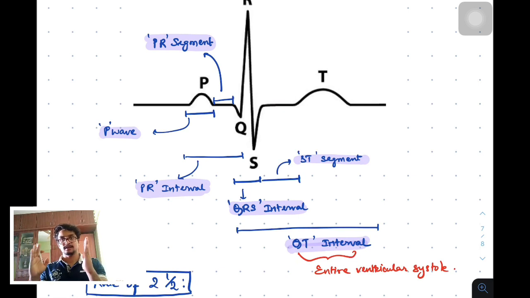So the entire ventricular event is denoted by the QT interval. This QT interval denotes the ventricular systole. At the start of the Q wave, we can find S1, the first heart sound. At the end of the T wave, we will find S2, the second heart sound. So between S1 and S2, we have ventricular systole. So that's how it is.